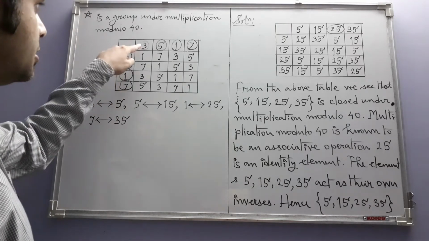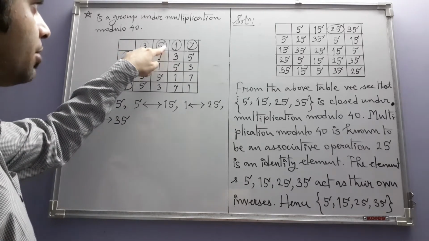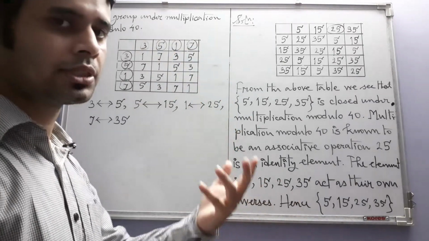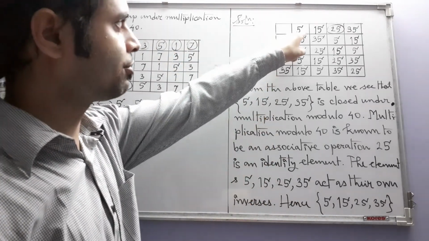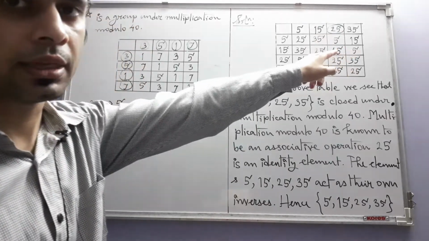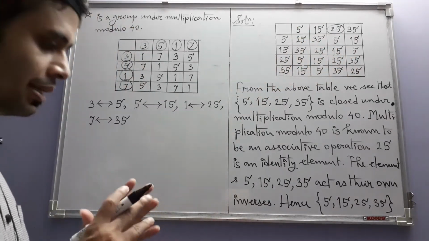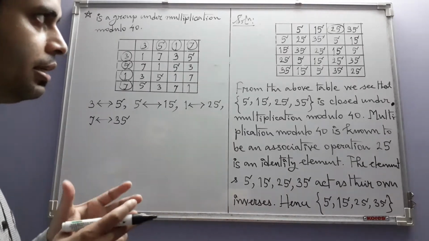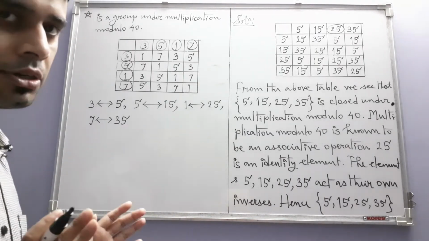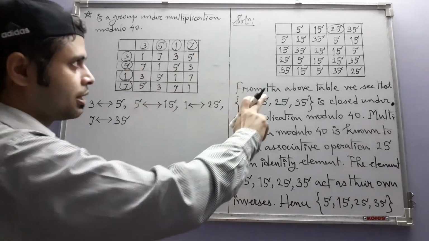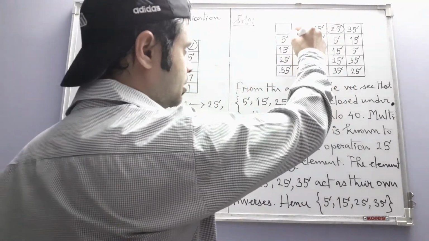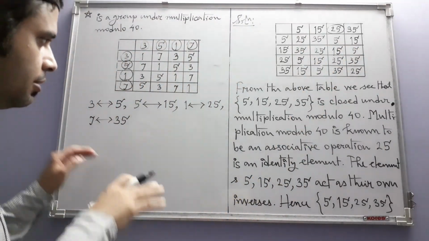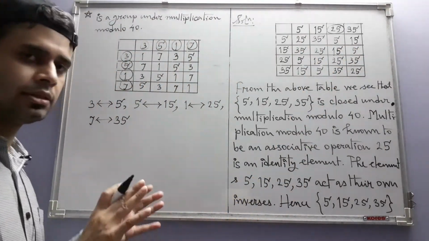Instead of calling this person 3, this person 5, this one 1 and this one 7, we decide to give them some other names, 5, 15, 25 and 35 respectively. Then their behavior or their interrelationship or how they interact among themselves, that is not changed, but according to our new names, these interactions look different, but inside they are the same.